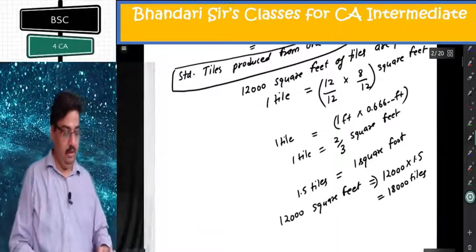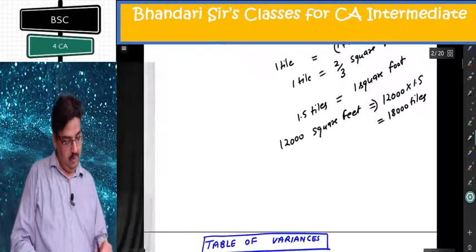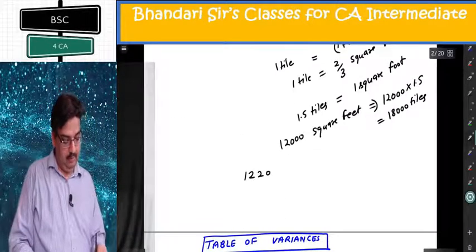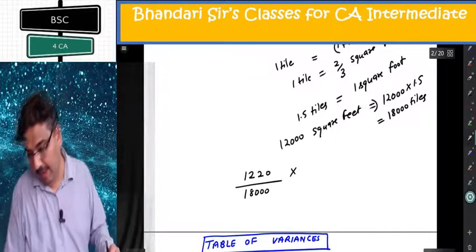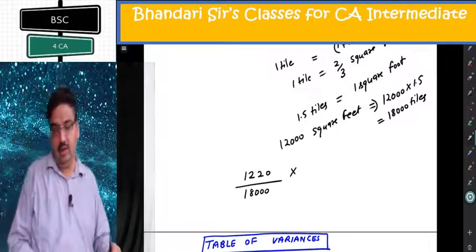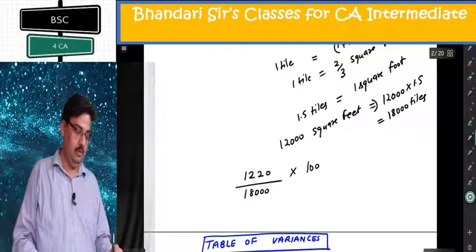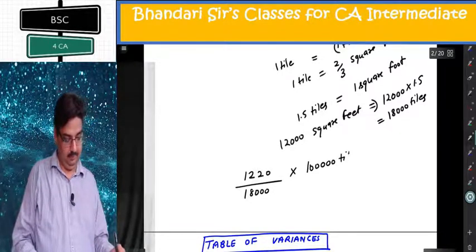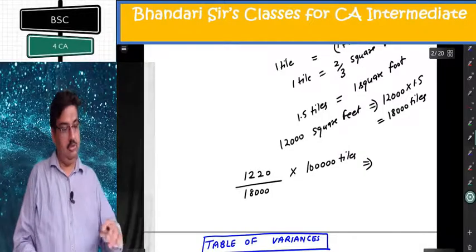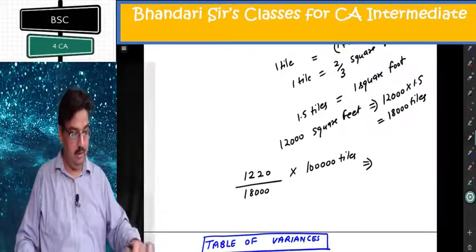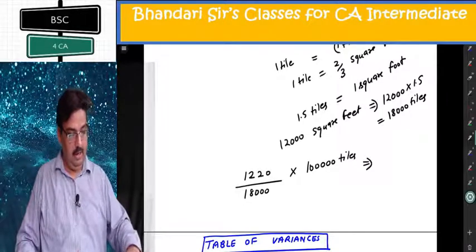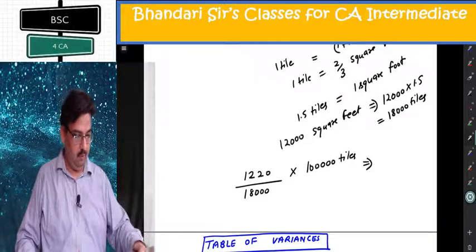So my M4 is 1220 divided by 18,000 multiplied by the actual production given in the third line, 1 lakh tiles. Standard cost per tile multiplied by the actual number of tiles: 1220 divided by 18,000 into 1 lakh.